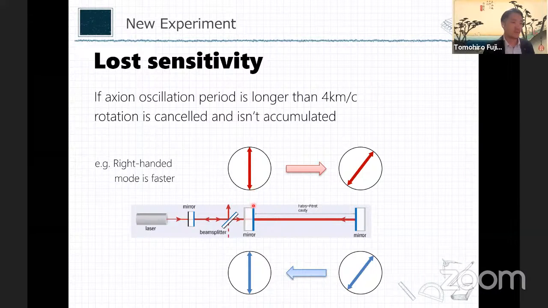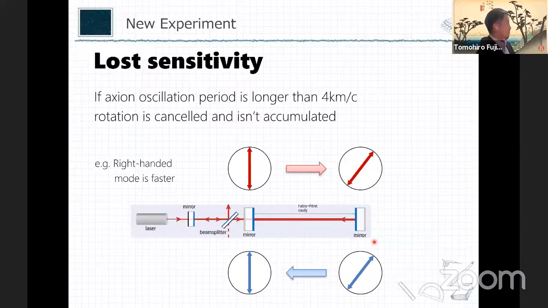The photon starts from here and travels to this end mirror. Since the right-handed mode is faster, the polarization rotates like this. The photon gets reflected here and goes back, and here's a tricky part. Imagine you're a photon and get reflected, so your direction of travel is flipped.